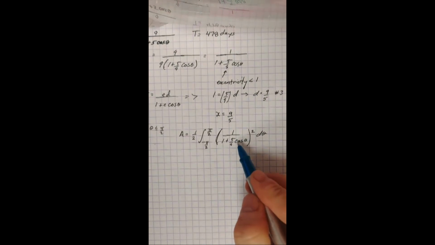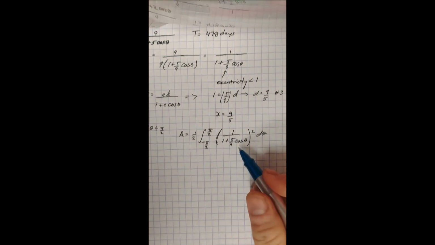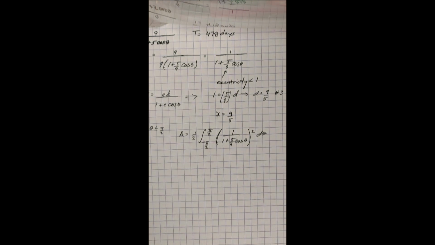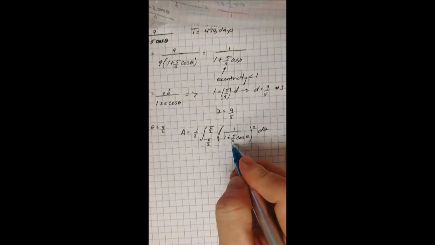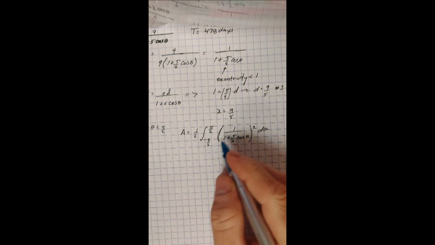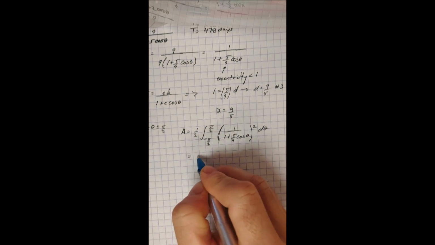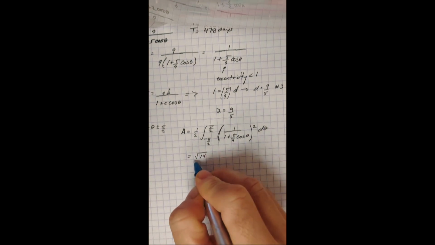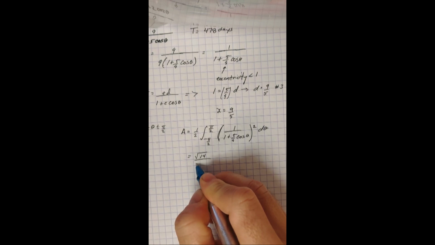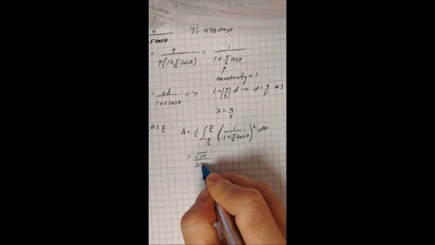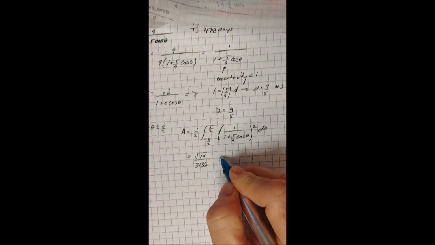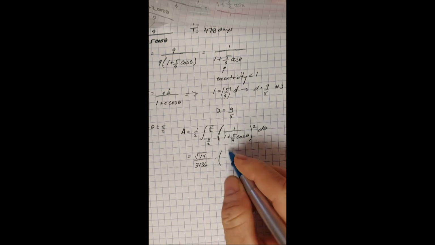All right, so to integrate this, you can do a couple of different approaches. A u-sub is probably the most direct. However, I'm going to use technology, and inputting this into GeoGebra, we end up getting the simple result of 14 over square root of 14 over 31/36, and then that's going to be times a bunch of stuff here.